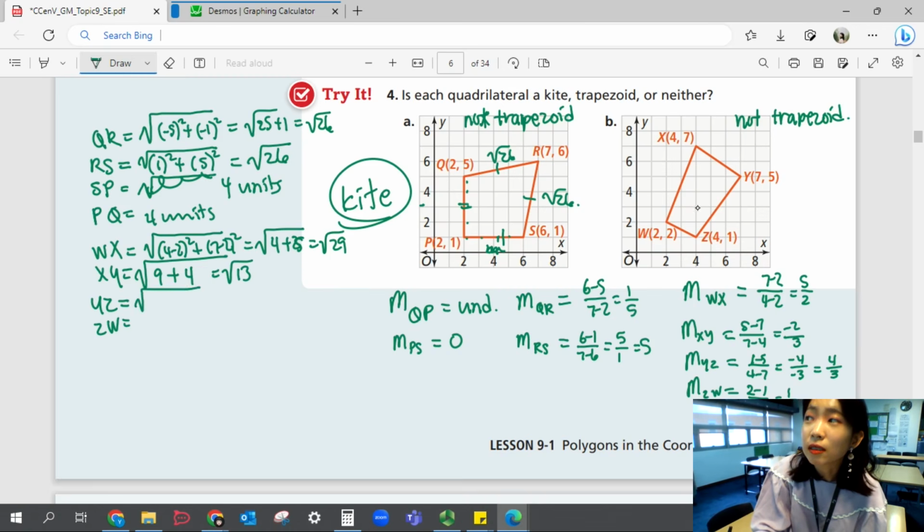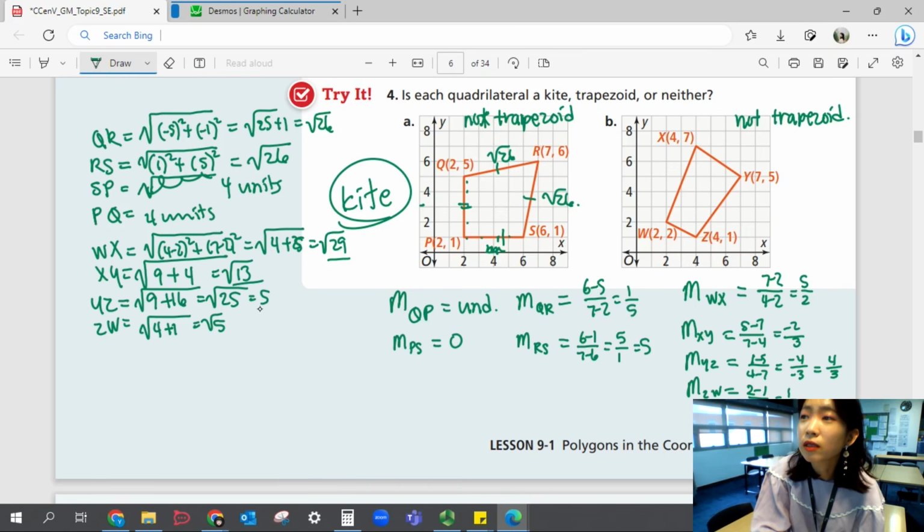YZ, 7 minus 4, 3 squared is 9, 5 minus 1, 4 squared is 16, and so square root of 25, which is just 5. And then ZW is 2 squared is 4, 1 minus 2, negative 1 squared is 1, so square root of 5.